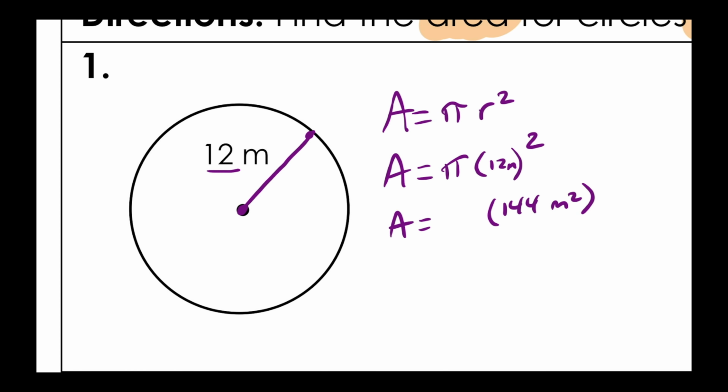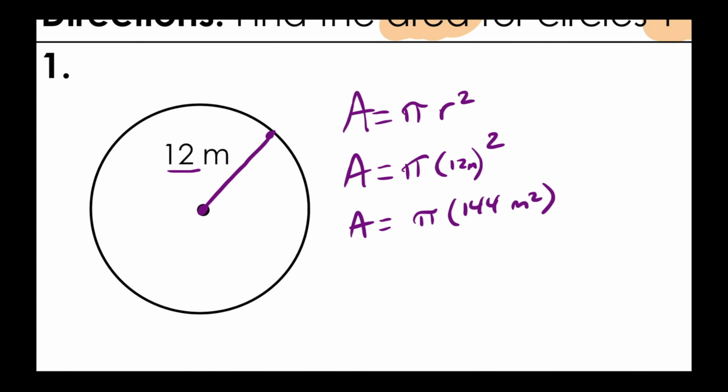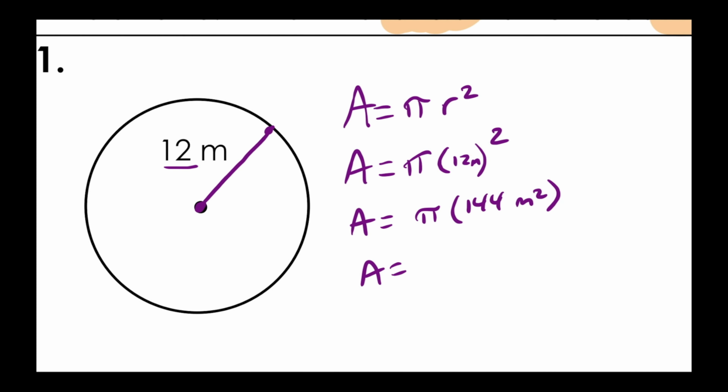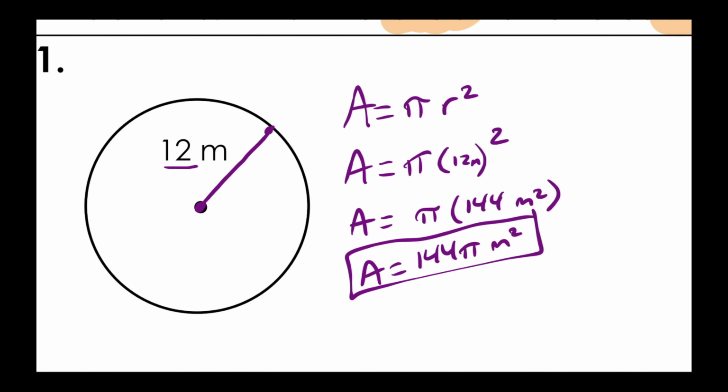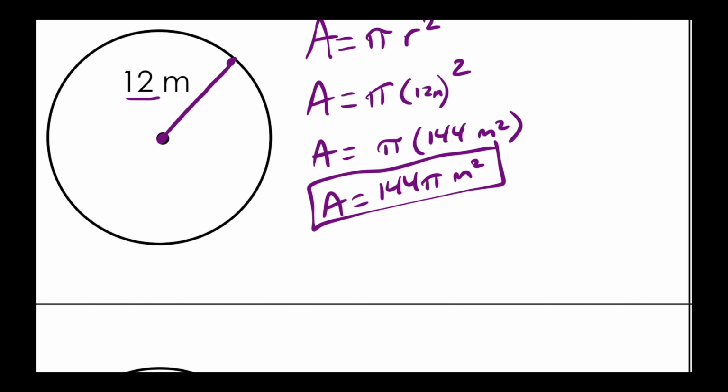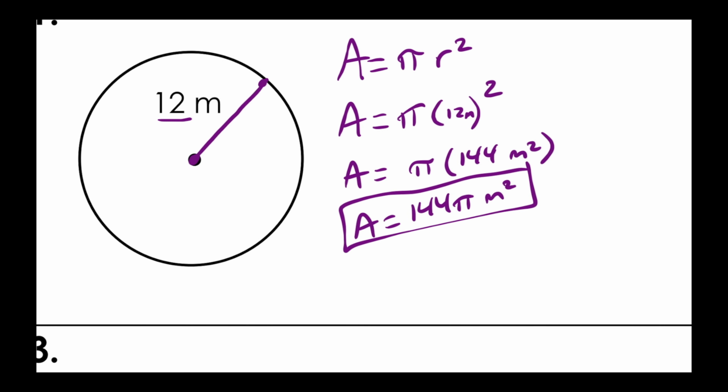I'm sorry, that's pi. And so we can leave our answer like this. Some teachers, and in trigonometry you do this, you can leave it as 144 pi meters squared. You could leave it like that. But we're not going to do that. We actually want a number. So if we're going to get a number, there are 2 ways to do it.